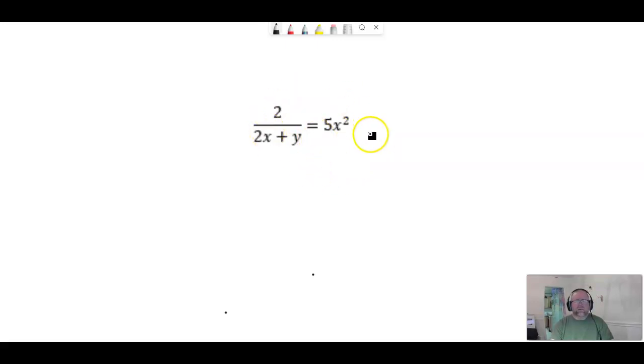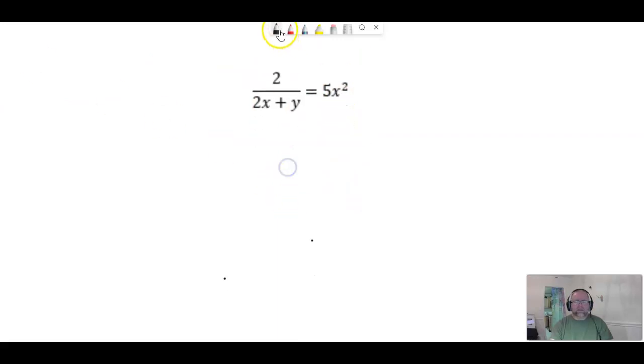But here we are going to use implicit differentiation. That means we need to find the derivative with respect to x of this term, and then the derivative with respect to x of this term right here. So let's see how we would go about doing that.